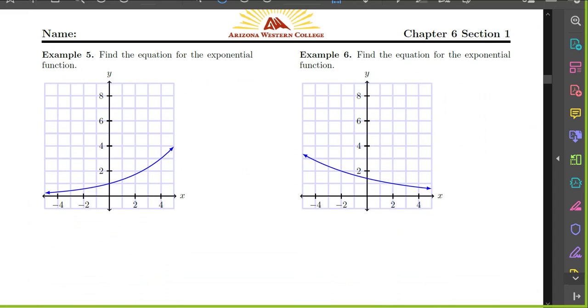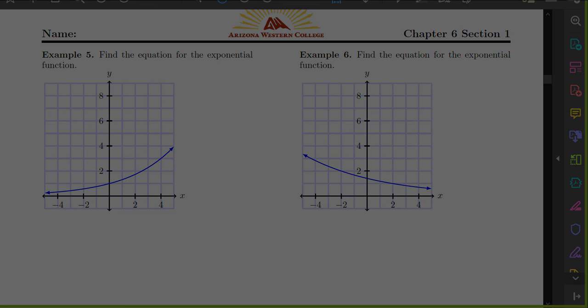All right, well, let's take a look at our next example.